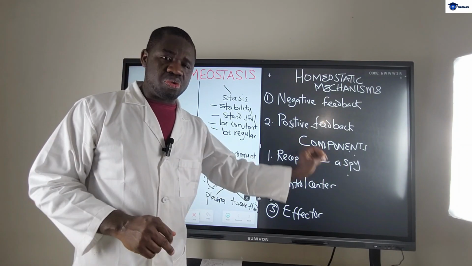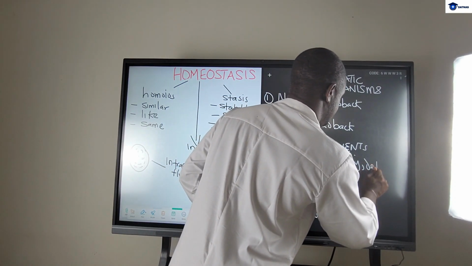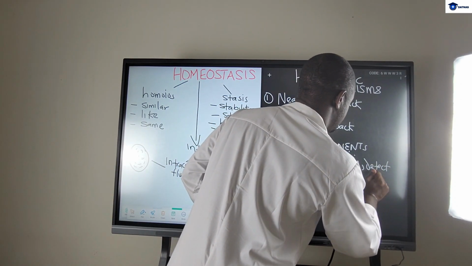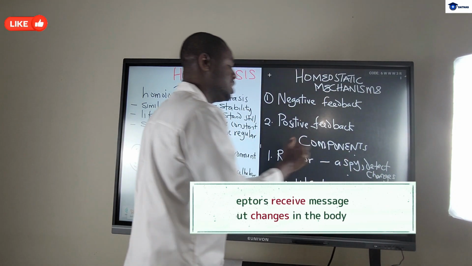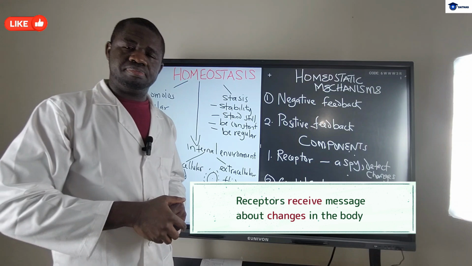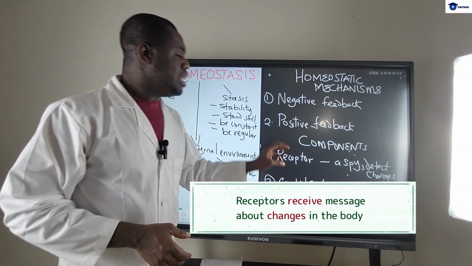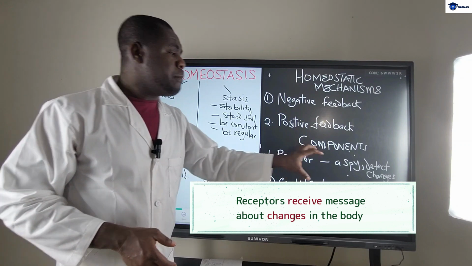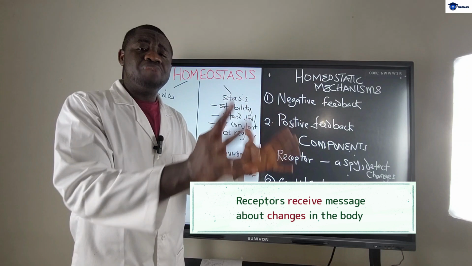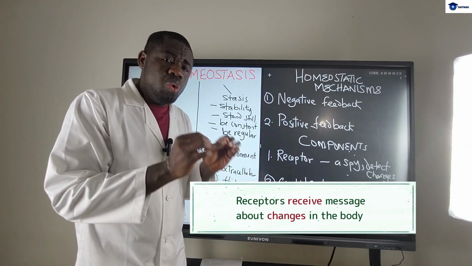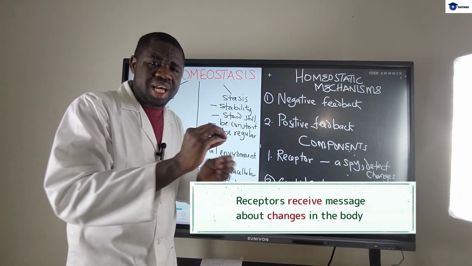They are detectors. They detect changes within the body. So let's say the receptors are people who spy or look for information, or for any change in the society.